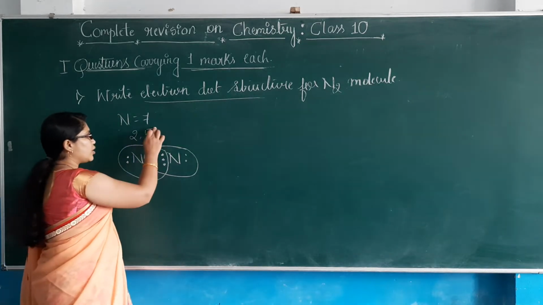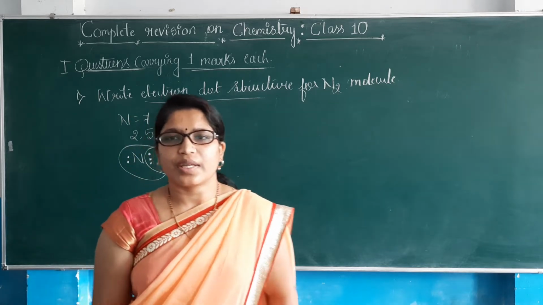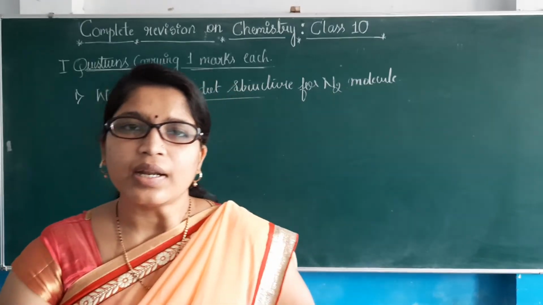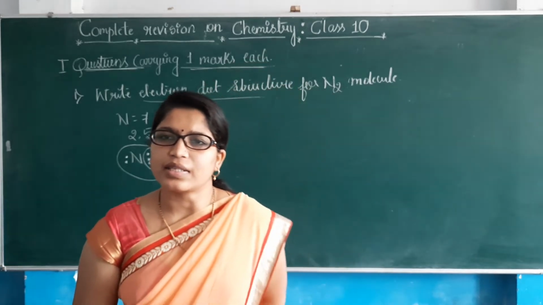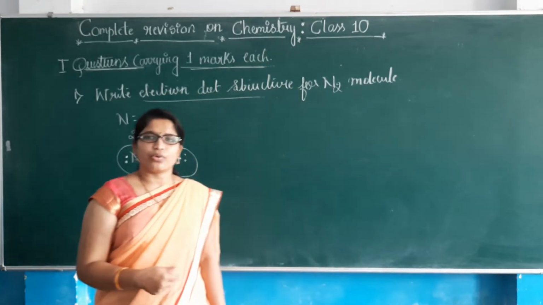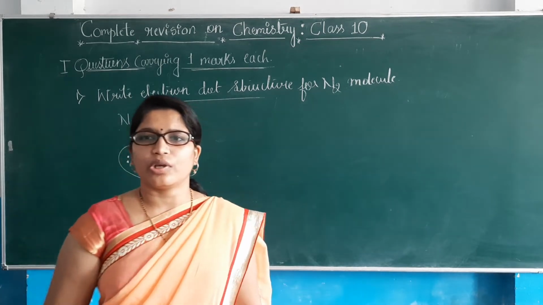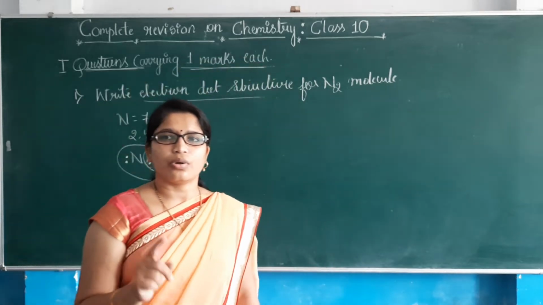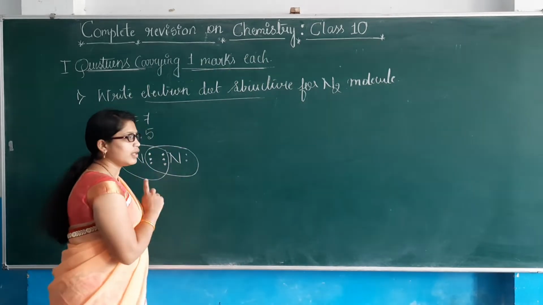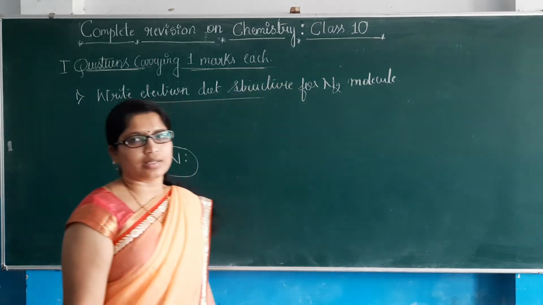When you consider the nitrogen molecule, it is comprised of 2 nitrogen atoms. For each nitrogen atom, we know that there are 5 valence electrons, and by using those electrons we write the nitrogen molecule. We call it an electron dot structure. Fine. This question can be asked for 1 mark.